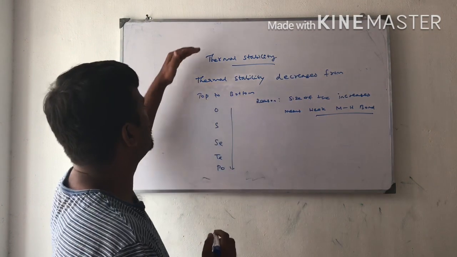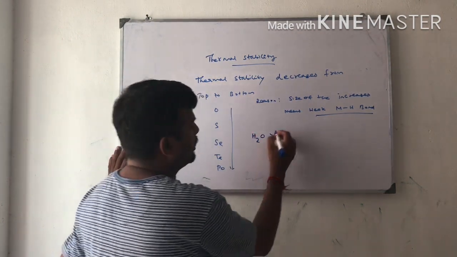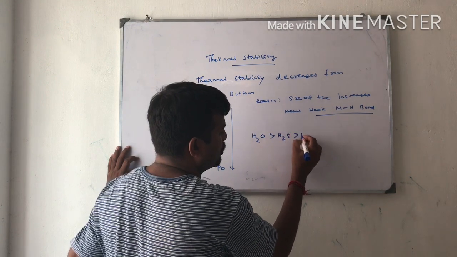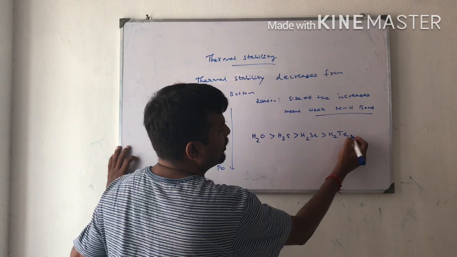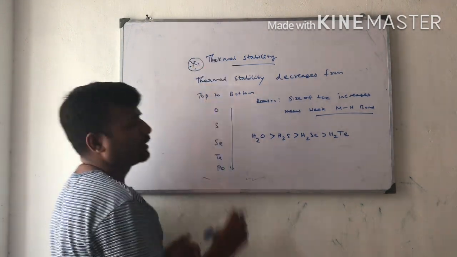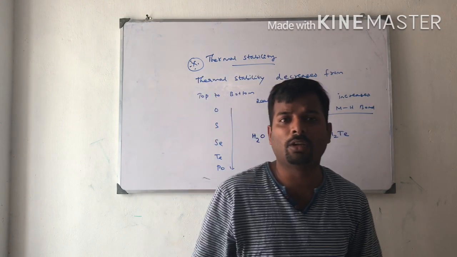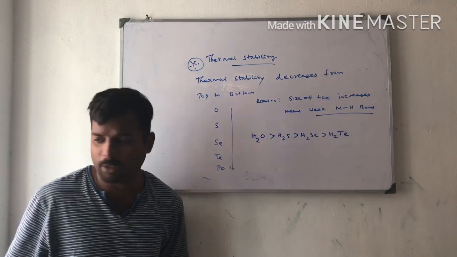That is why H2O has more thermal stability than H2S, then H2Se, then H2Te. This is the explanation for thermal stability. Already I explained the acidic behavior, and now the thermal stability.